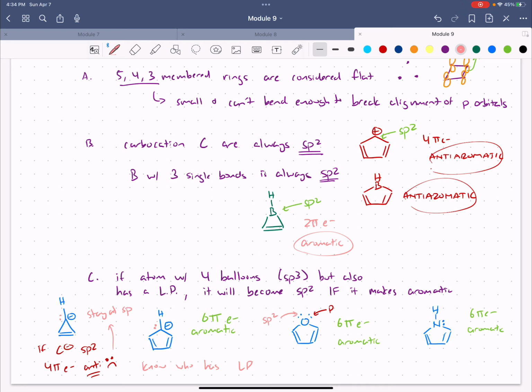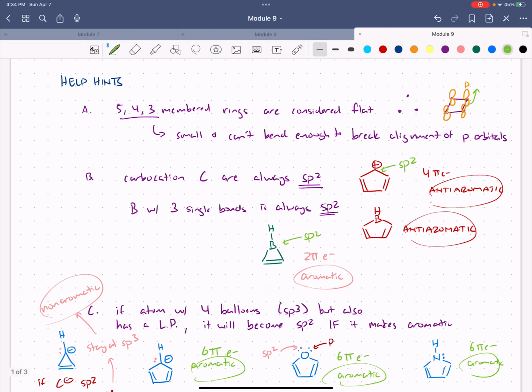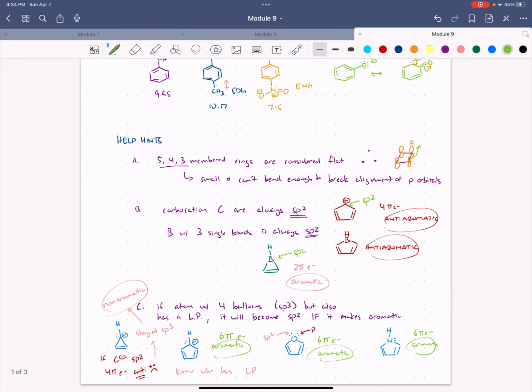Okay, so this is one of the cases where we don't want that carbon to be sp2 because it would make us anti-aromatic. Stay at sp3 and keep it non-aromatic. And we saw this example in class, non-aromatic. Okay. Think about those hints, A, B, and C. It's to help you not overthink things, right?